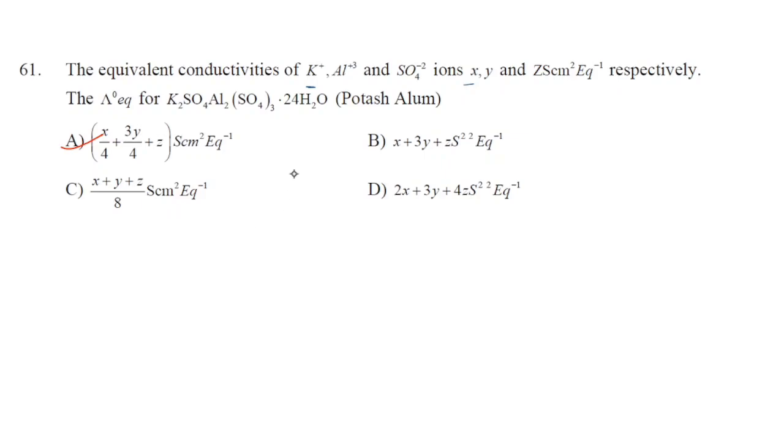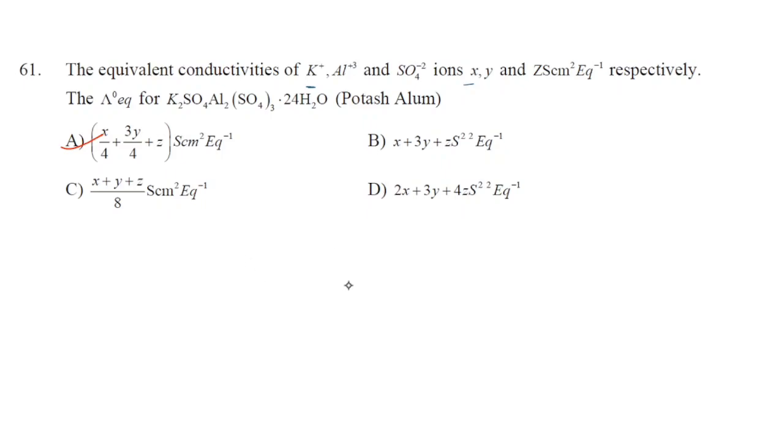The equivalent conductivities of K plus, Al plus 3 and SO4 minus 2 ions are X, Y, Z, and they are asking for the limiting equivalent conductivity of potash alum. So here when they give the equivalent conductivities, for each ion the number of equivalents also we need to calculate, right?